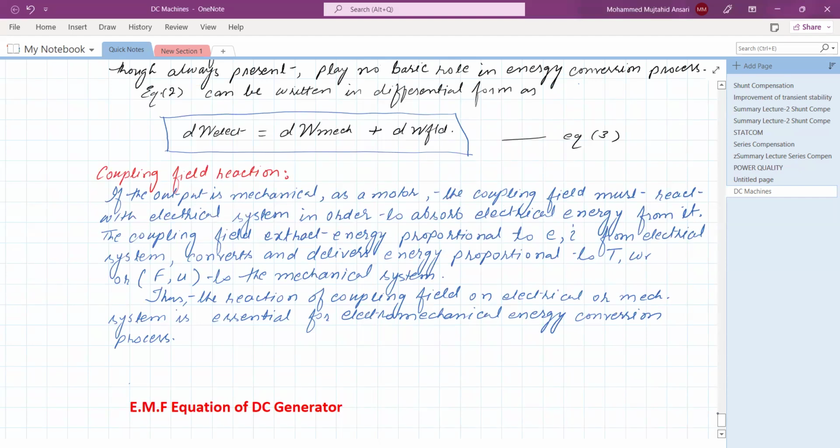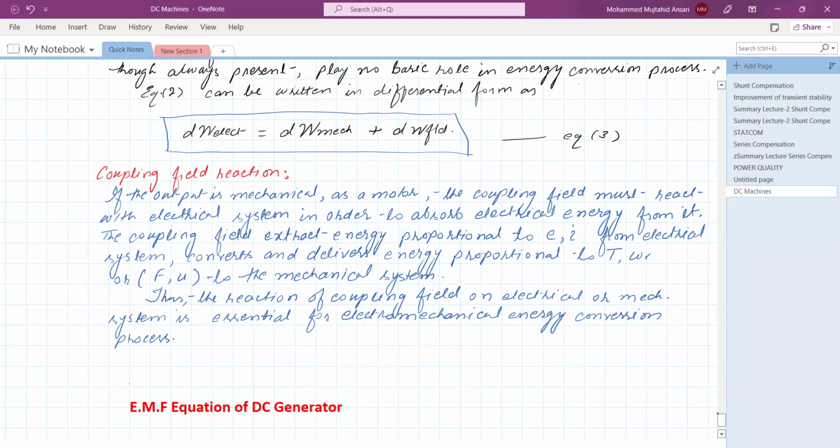So if we are considering conversion from electrical to mechanical, the coupling field reactions must be such that it absorbs the energy from the electrical system. The coupling field extracts energy proportional to E and I, the EMF induced and the current, from the electrical system, and converts and delivers energy proportional to torque and velocity to the mechanical system.